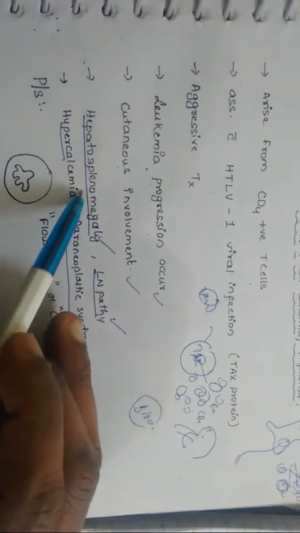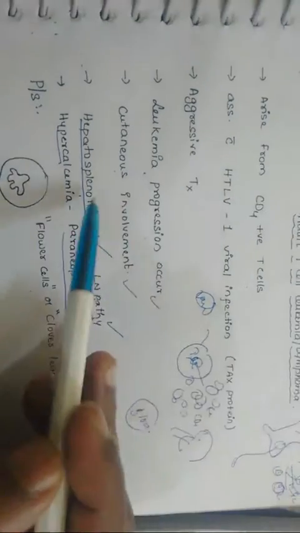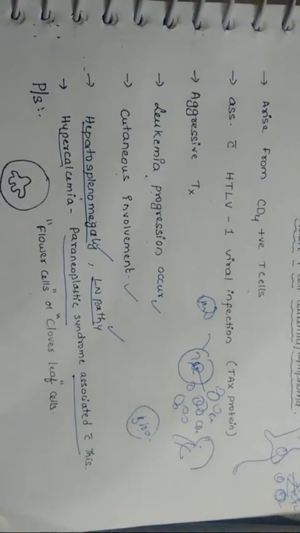These tumor cells can spread to the skin, so cutaneous involvement, to the liver and spleen, and to lymphatics, where there is lots of proliferation, and you can see hepatosplenomegaly, then lymphadenopathy.